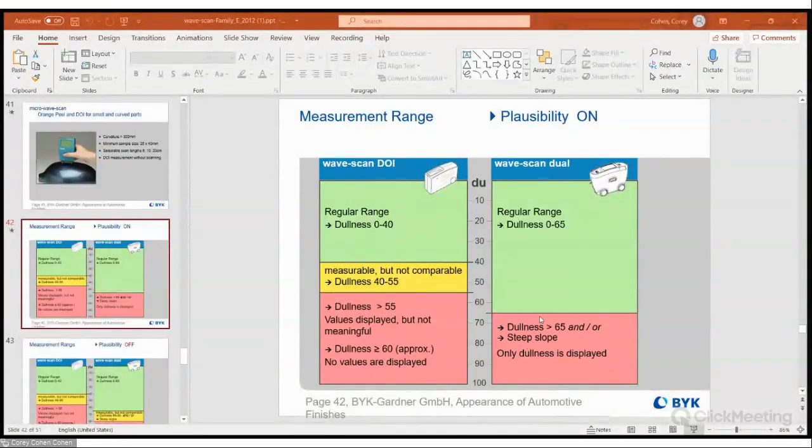The results of surfaces that you measure in this dullness range are not going to be directly comparable to surfaces you measure in this dullness range. But it can be measured up to 80 dullness if you turn that same setting off in the Wavescan Dual. And then beyond that, the laser light principle kind of breaks down. There's just too much diffusion in the surface and it won't allow you to measure surfaces with that high dullness.